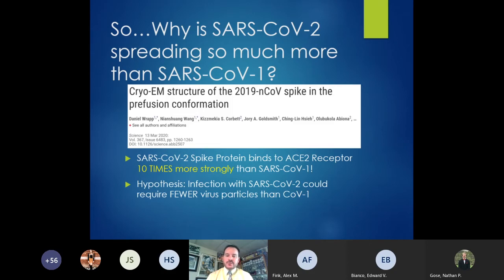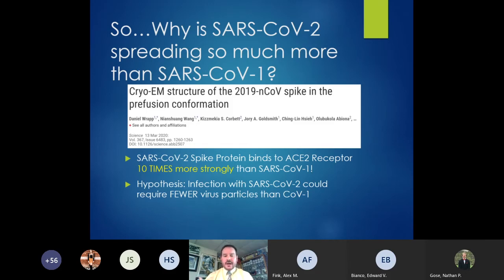So again, although these two viruses use the same receptor, ACE2, SARS-CoV-2 binds to its receptor 10 times more strongly than does the original SARS. So what does that mean? Well, we don't really know, but we can speculate or at least hypothesize that this could be a significant reason why the spread is more significant.